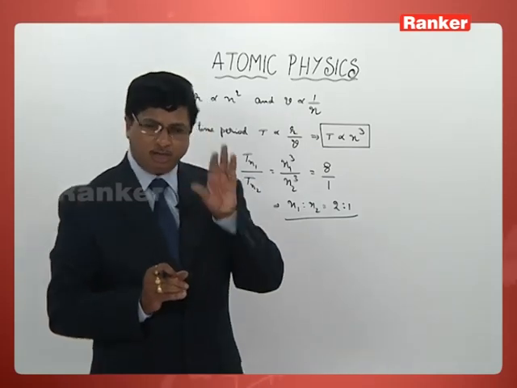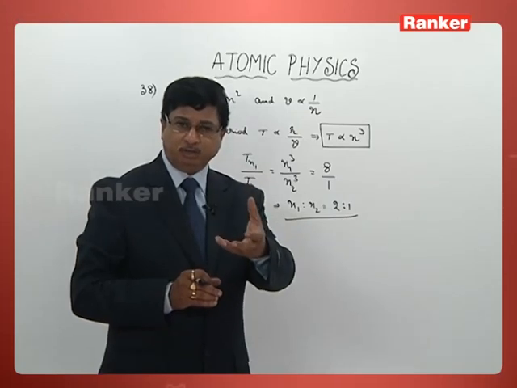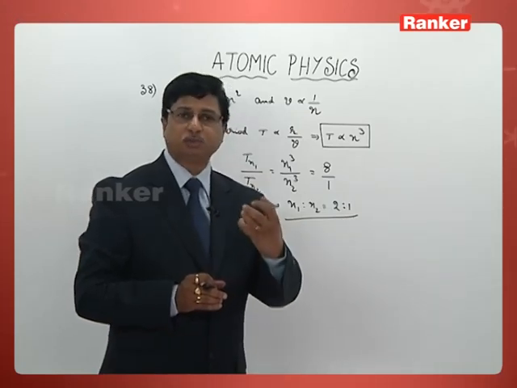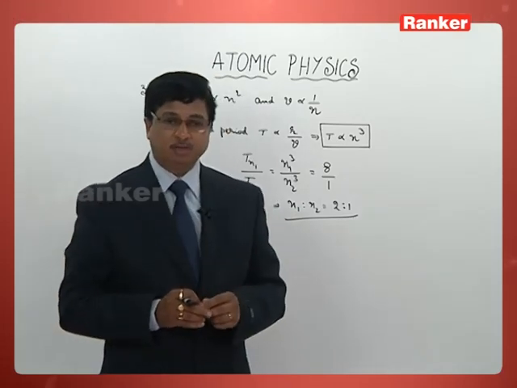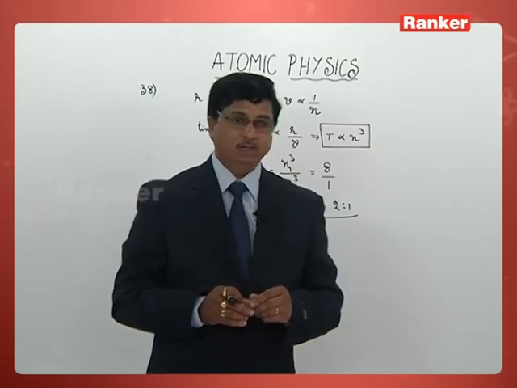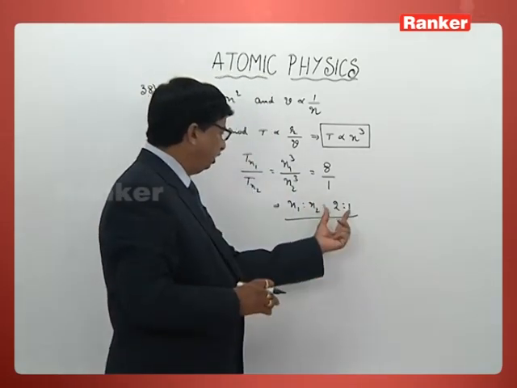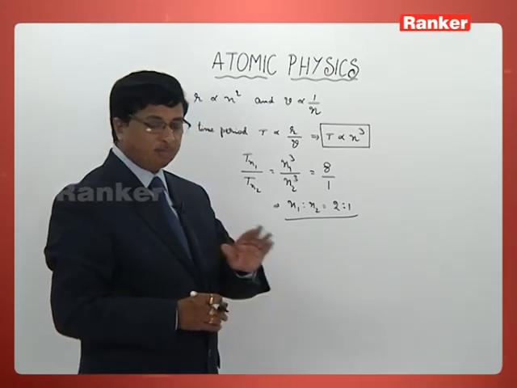So if you identify this, just like that you can identify the correct option from the choices. Look at it first. The first option is n1 is 8 and n2 is 1. 8 and 1, are they in this ratio? No, not at all. So the first option is not correct.